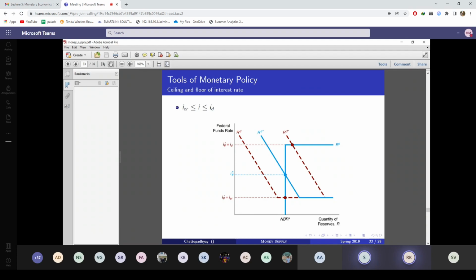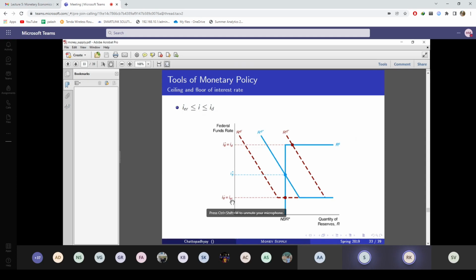One of the major tools I use to stimulate my economy is reducing the interest rate, to stimulate investment and output. But if my interest rate is at 0, I cannot reduce it further. What should I do? Major problem. And also I have a liquidity crisis in the system. I have to encourage banks to hold more liquidity. They introduce some positive IER. It serves both purposes.